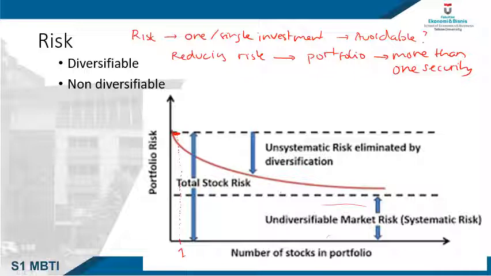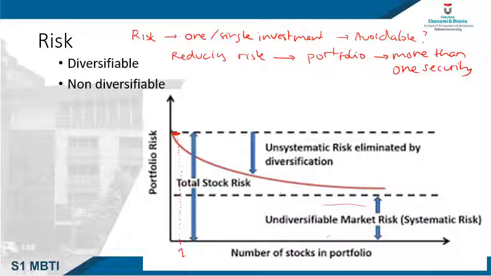And if I add more than one stock, then we see here that the risk has a gentle decrease in its value, until it goes asymptote with some line here.